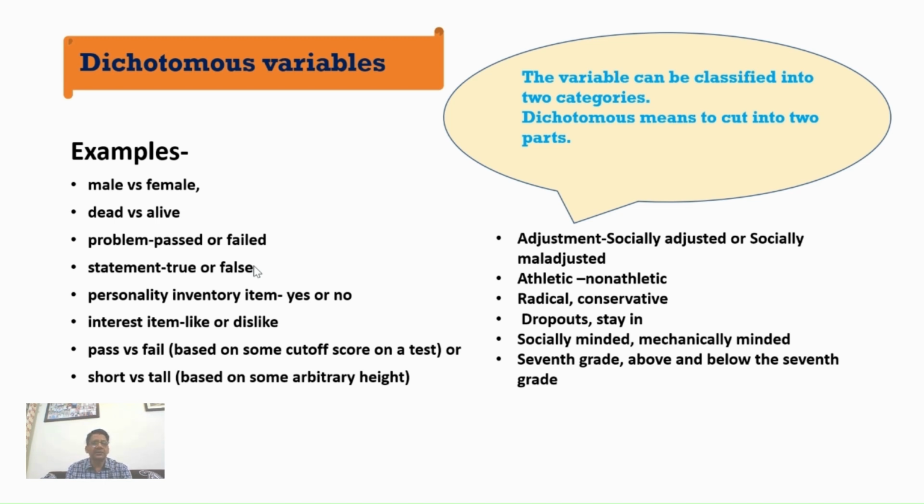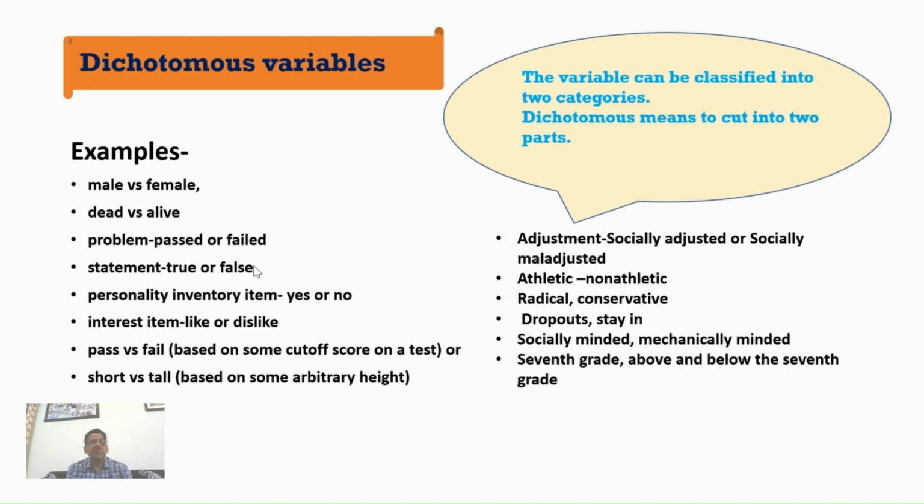Based on some criteria, we can separate into two parts. Some students may pass and some students will fail. Similarly, some students may have less height, that is, short, and some may have greater height, that is, tall, and this may be divided based on an arbitrary height.